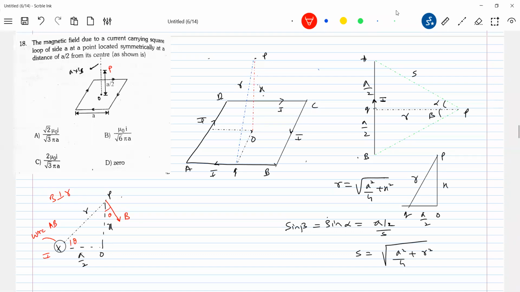I think I've given enough diagrams. 2 mu naught I root 3 pi A. Wait. Some answer, no? Wait, I'll give the value. C option, A option?